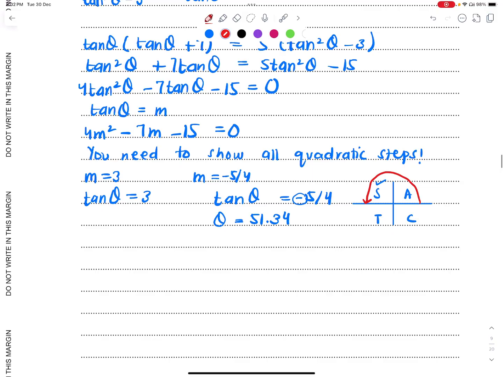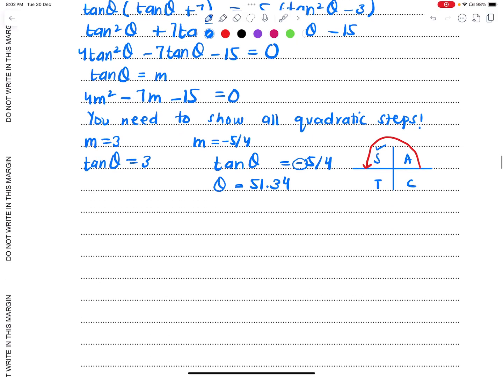This is going to mean that in the second quadrant, which is the sine quadrant, you are going to subtract theta from 180. That is going to be 128.7 degrees. Always remember that your angles are supposed to be written to one decimal place.